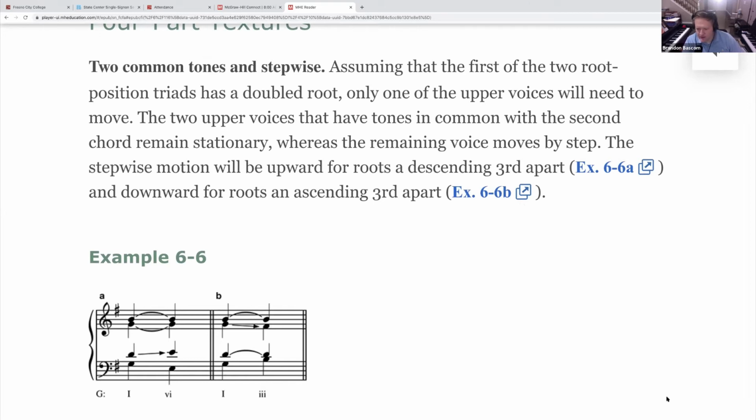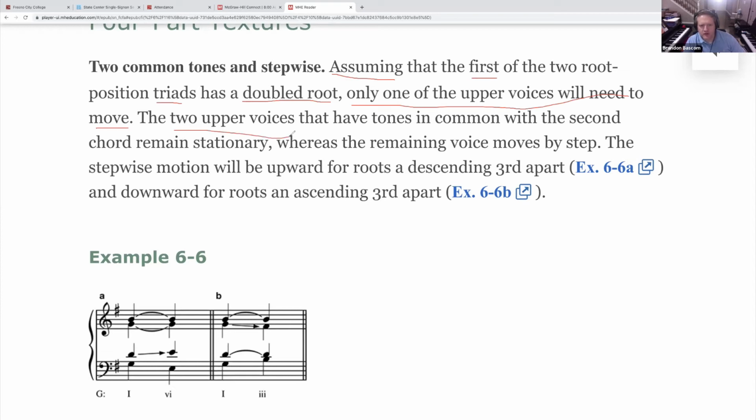Can I read that all again? So, we're assuming a doubled root. And if we get a doubled root in the first triad, then only one of the upper voices will need to move.